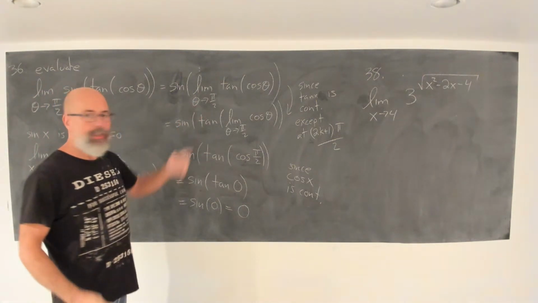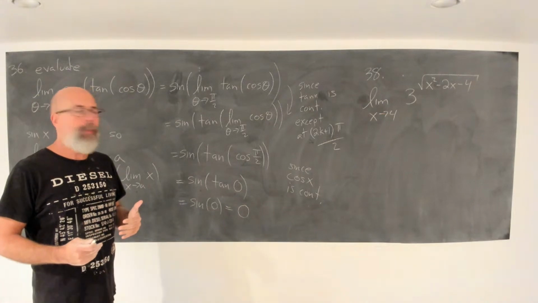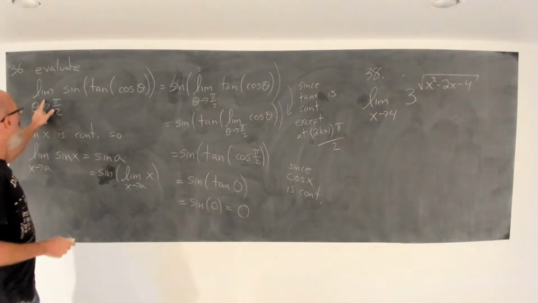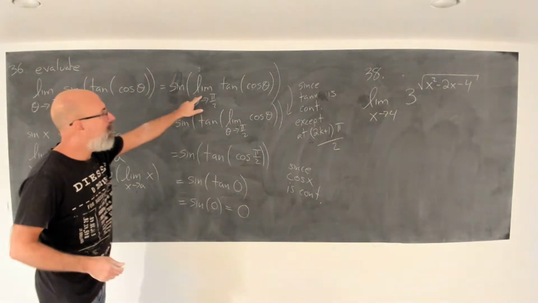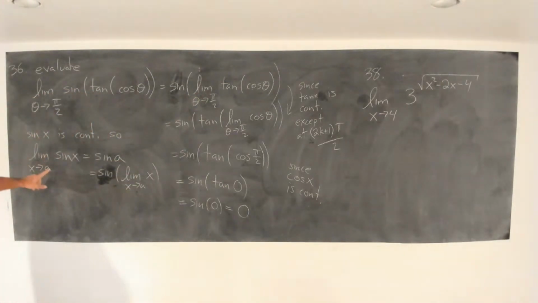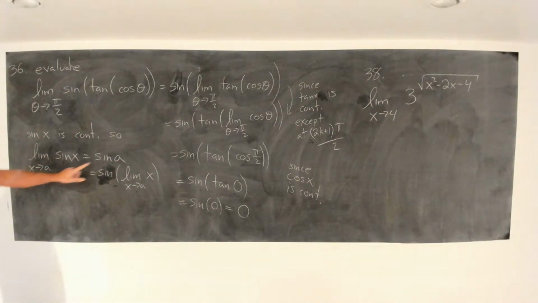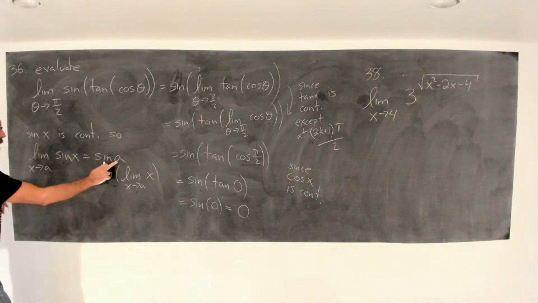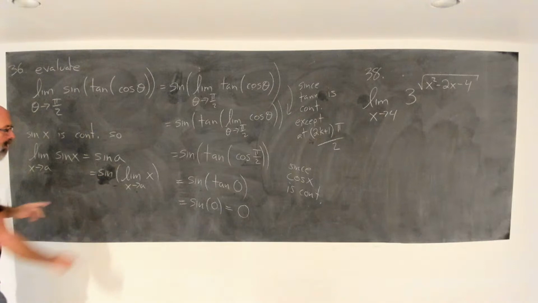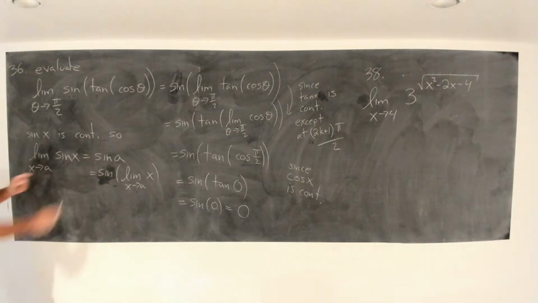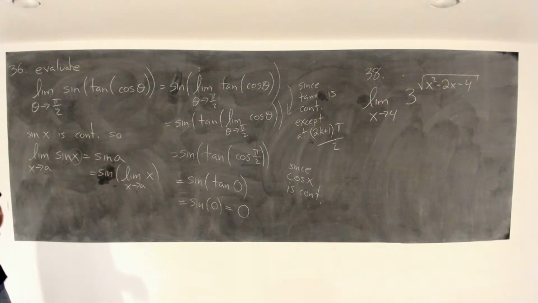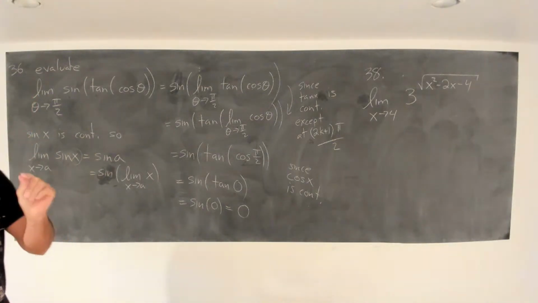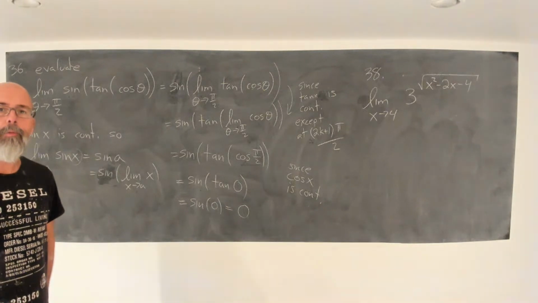All I'm saying is continuity is what allows you to bring the limit inside, right? By continuity of sine, you know that this limit is that, which can be viewed as this. So it's like just taking the limit of the x. That's what continuity allows you to do.